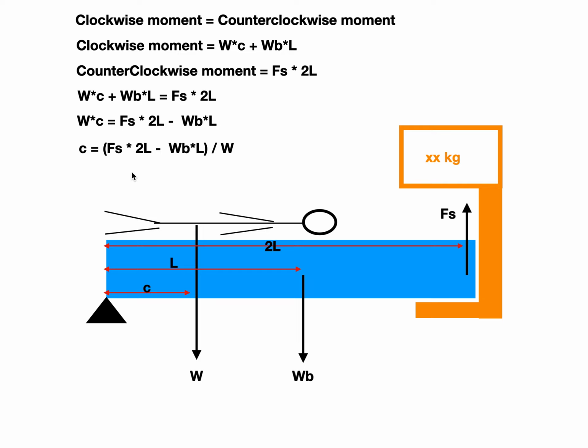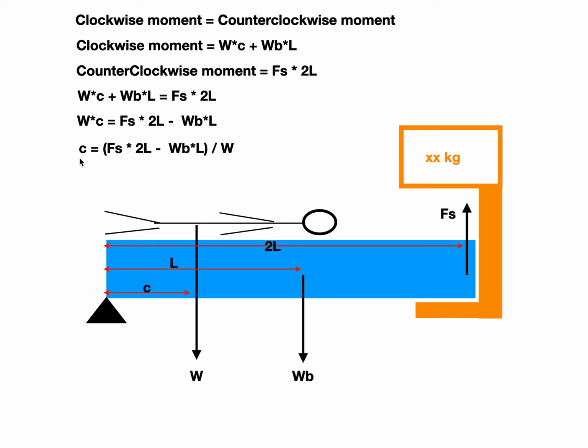So once you got the Fs, the scale reading, and you got 2L, the length of the board, you got the weight of the board and half of the length of the board and your body weight, put everything inside the equation and you'll be able to get the height of your center of gravity.